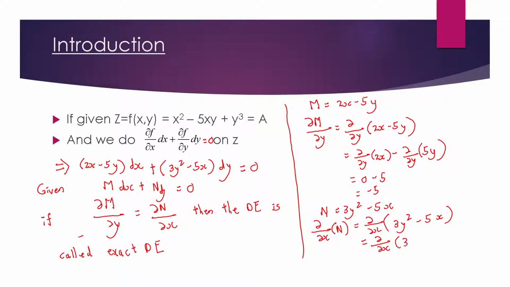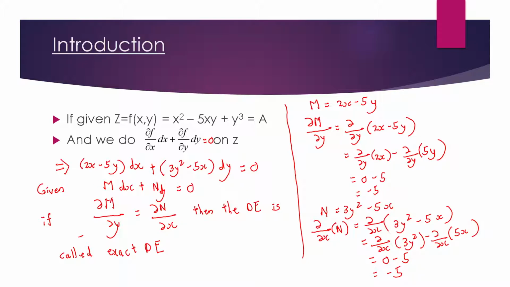So del x of 3y squared minus del x of 5x. For del x, y is constant, so the first term you obtain 0. Minus del x of 5x, you have negative 5.